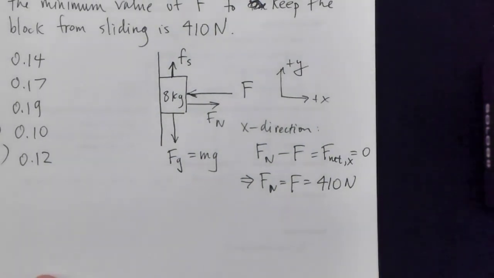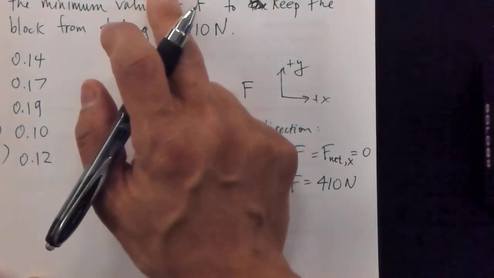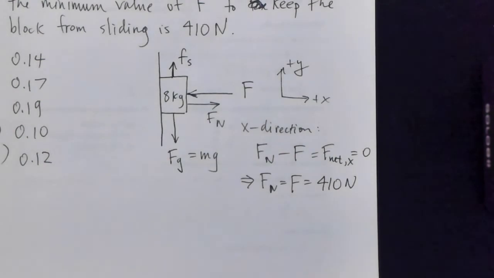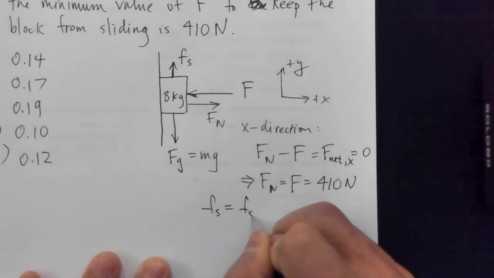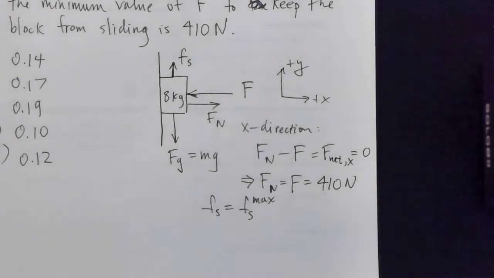All right. So what we're trying to do is find the static friction force. We're saturating it, so we're setting Fs equal to the Fs maximum value.